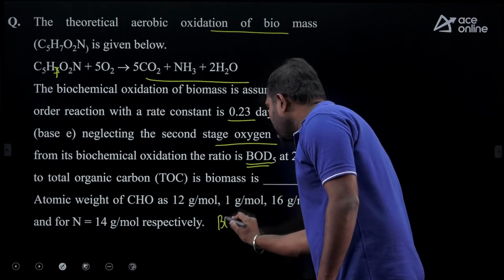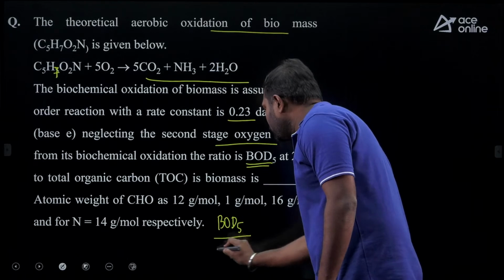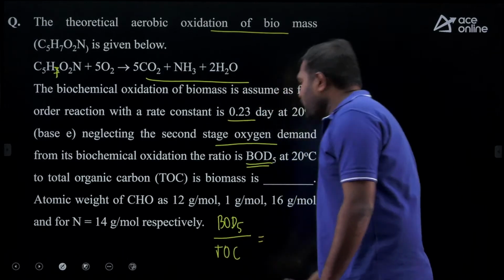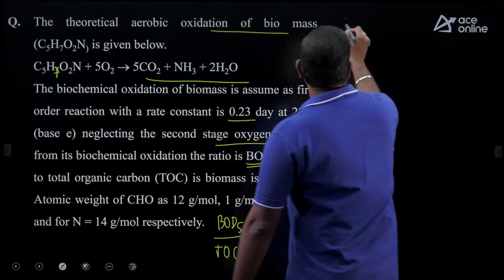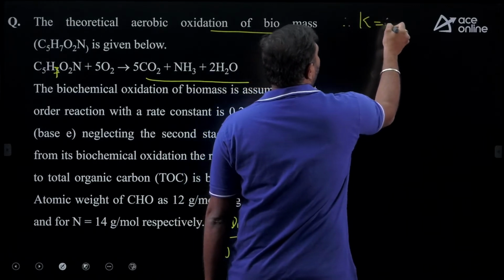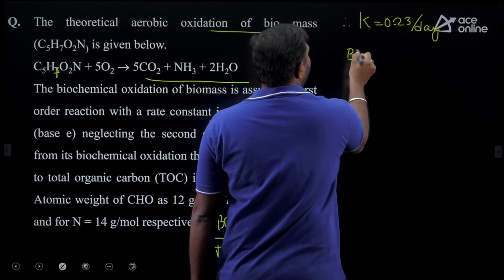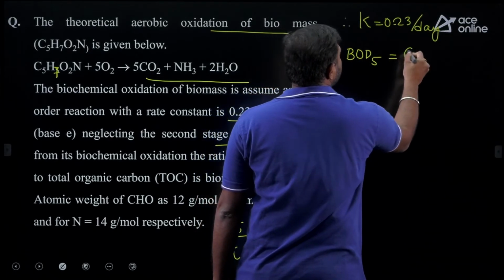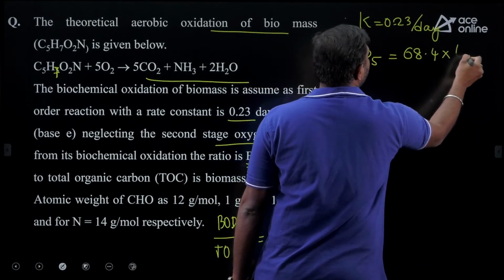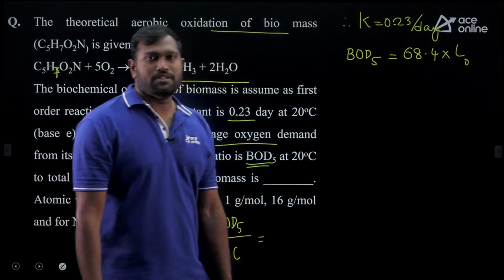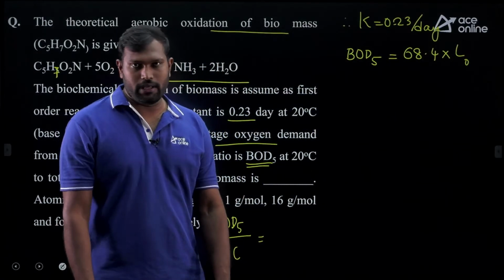So 5 day BOD to the TOC. And you know that for a K value of 0.23 per day, the 5 day BOD is going to be 68.4% of the ultimate BOD. But first of all, we have to find out the ultimate BOD, right?